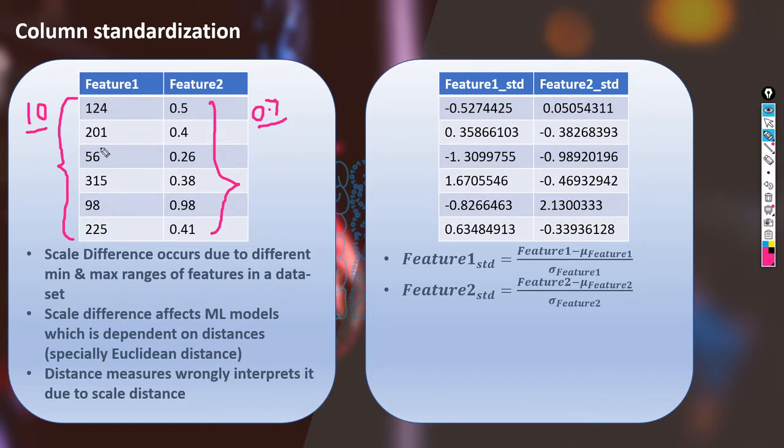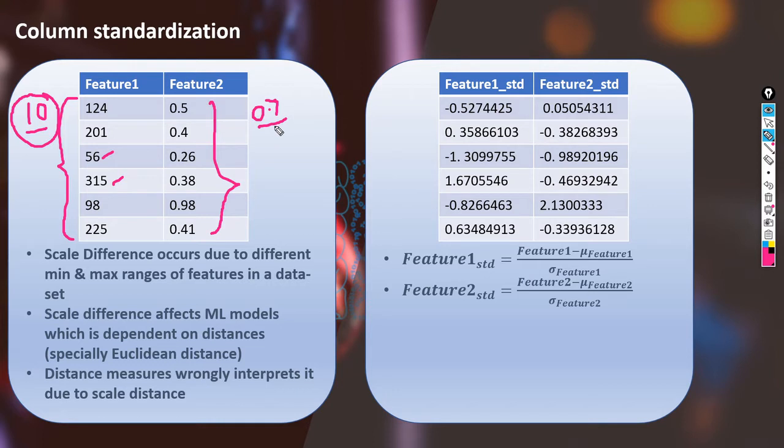But just think, here the minimum value is 56 and the maximum value is 315, so the range is around 250. And 10, how much percent does it cover out of 250? It's very minimal, right? But in feature 2 the minimum value is 0 and the maximum value is 1, so 0.7 is actually 70% of the maximum value.